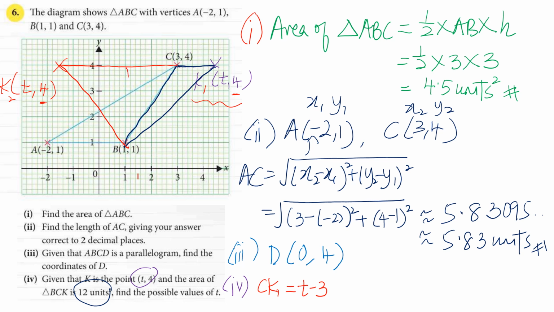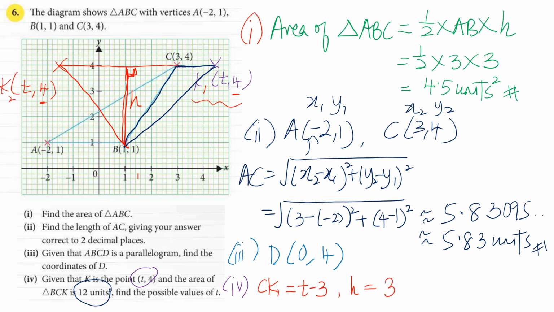This vertical distance is the same for both triangles, which comes out to be 1, 2, 3 units. So your vertical distance, or your height, we label it using the letter H. So H is the same, 3 units, for both cases.